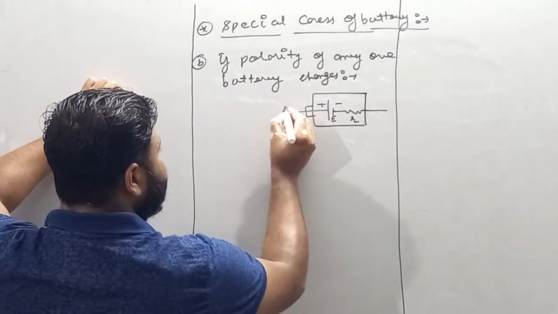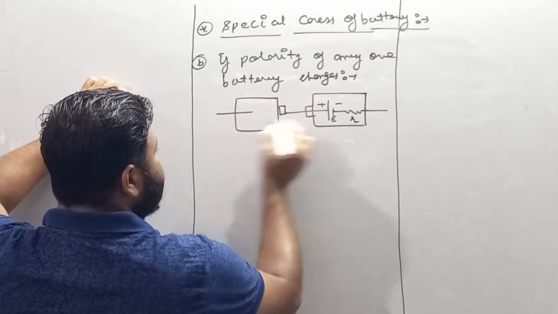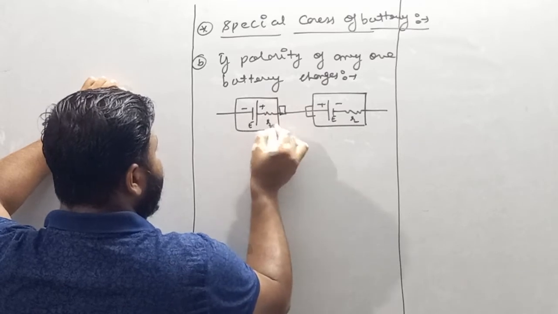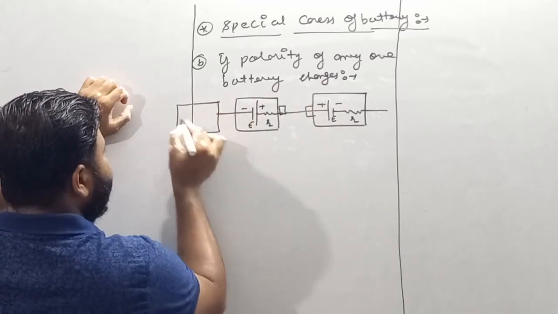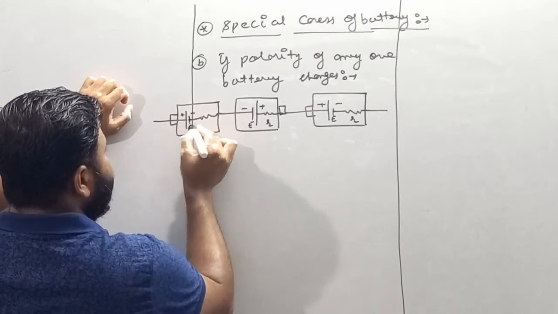Let's suppose the second battery is connected like this, with its polarity changed, and the third battery remains the same, plus minus, E and R.